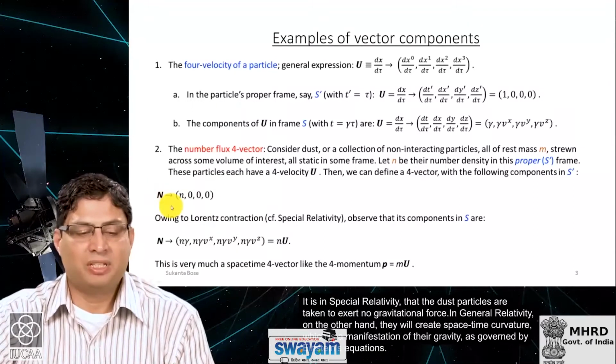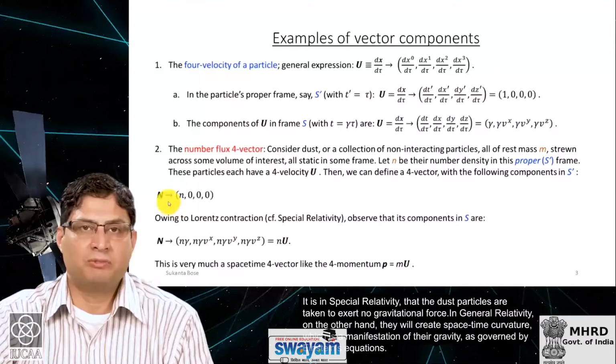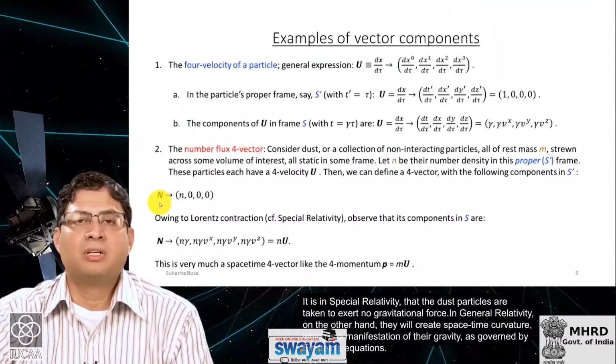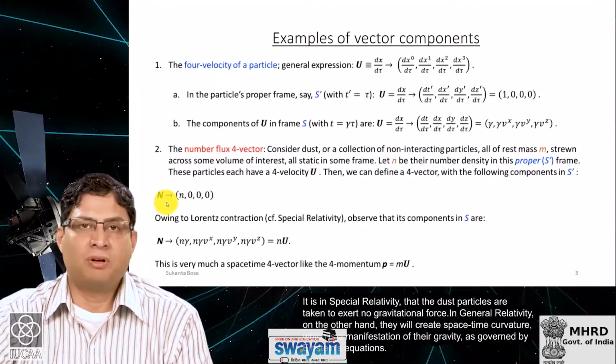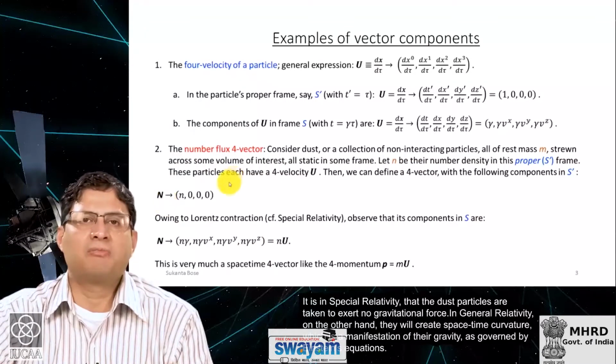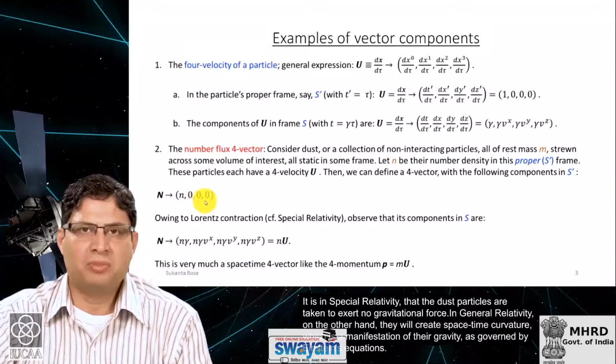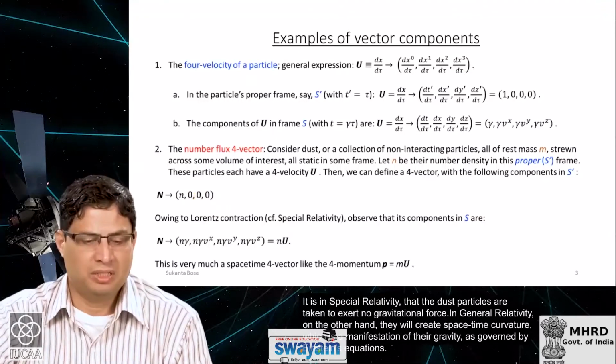But if you examine the components of the same vector, the number flux vector, from the perspective of the classroom frame S, then all of these particles will be moving in that frame. They will all be boosted, right, with a velocity magnitude of v.